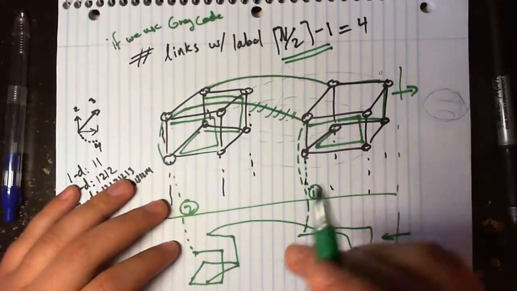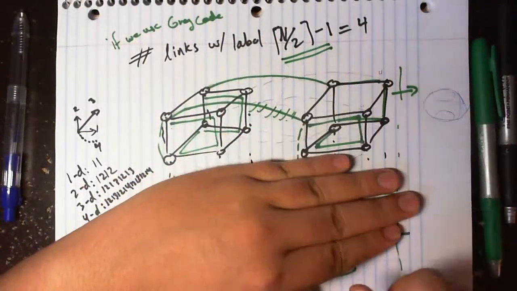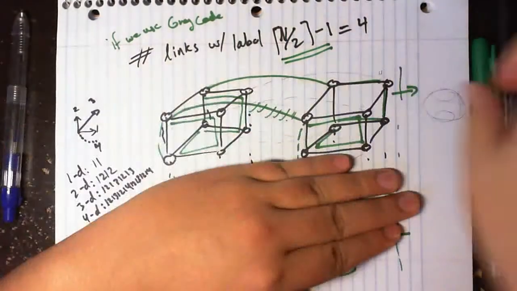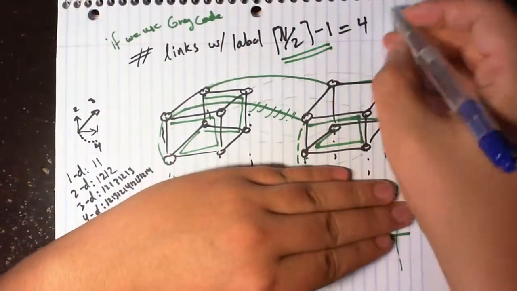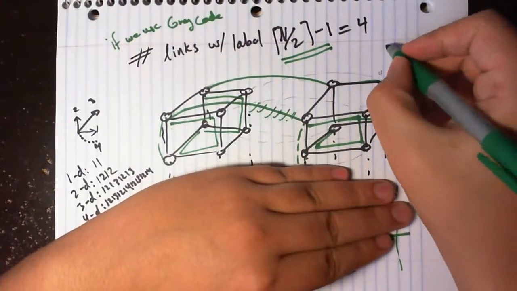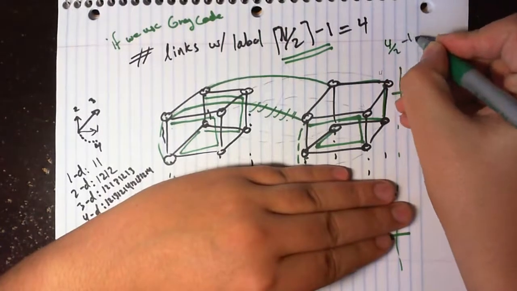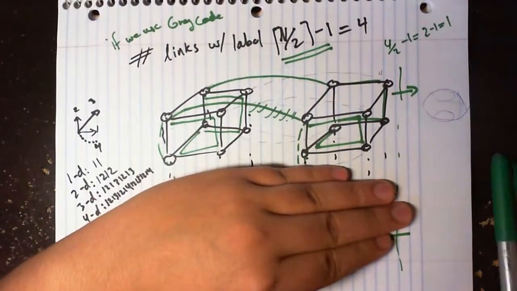There's only going to be 4 nodes that have this label. In the case of the 4-dimensional hypercube, the 4 nodes are going to be the ones with this label here. So we have 4 dimension, right? So for 4 dimension, what's this label going to be? It's going to be 4 divided by 2 minus 1. So that's going to be 2 minus 1, which equals 1.